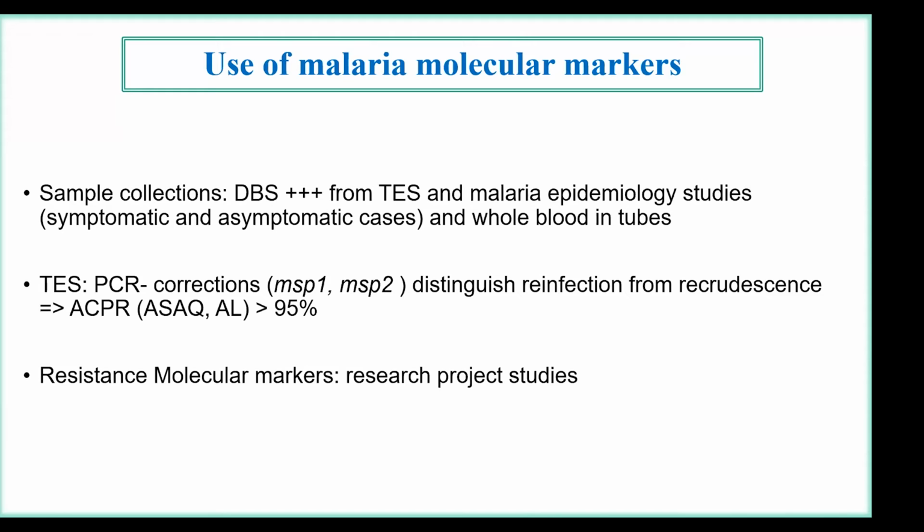Following this study, we can define the rate of adequate clinical and parasitological response, and for example, for ASAQ and AL, it's more than 95%. We also have some research projects to know the rate of some molecular markers, and the main project is on PfMDR1 and CRT or K13. Next slide.